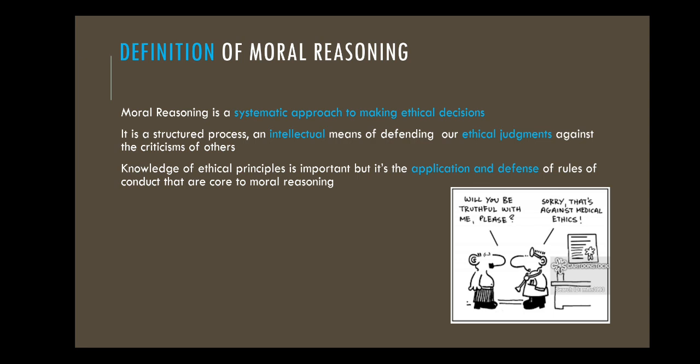First thing you have to know is what moral reasoning is. What is the definition of moral reasoning? Moral reasoning is a systematic approach to making ethical decisions. This is the way we make decisions about whether an action is right or wrong. Moral reasoning is a structured process, an intellectual means of defending our ethical judgments against the criticisms of others.